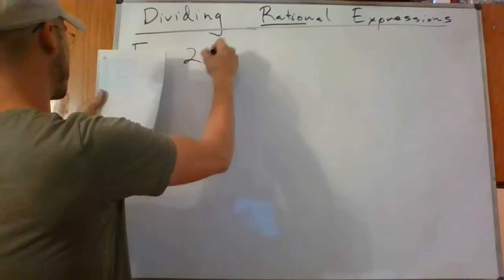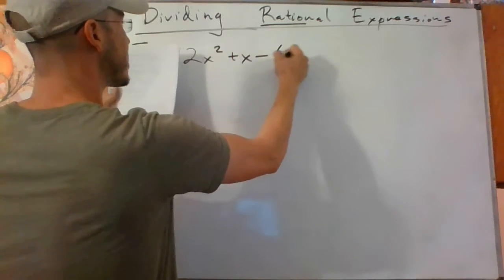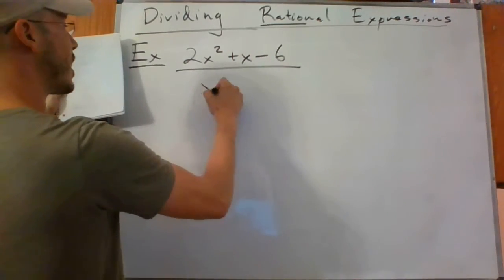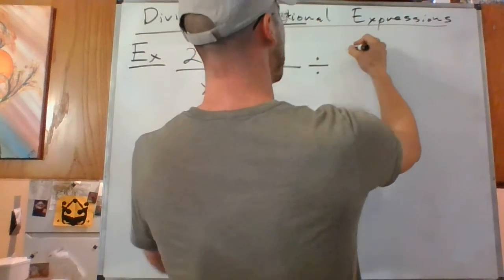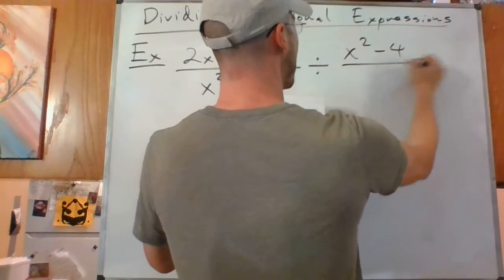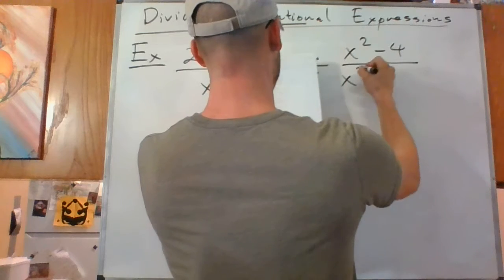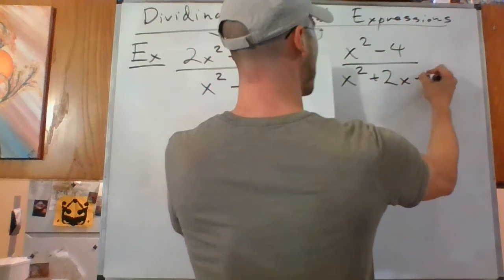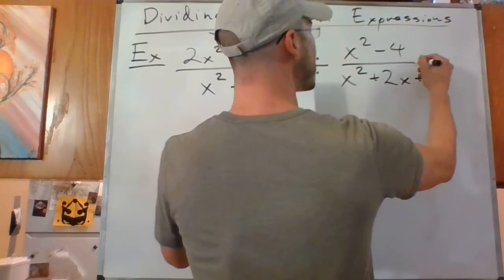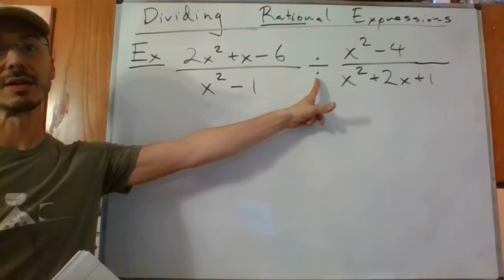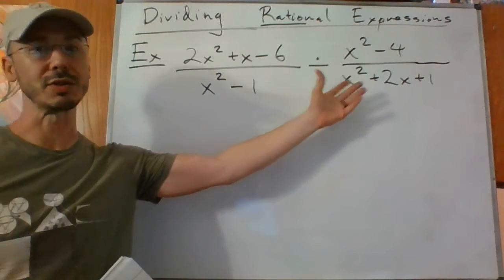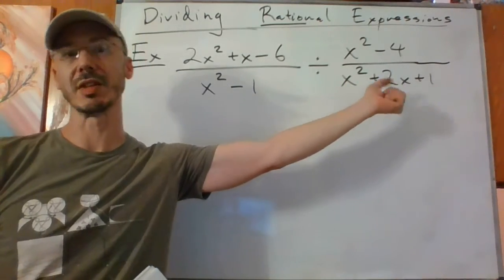So if I have (2x squared plus x minus 6) over (x squared minus 1) divided by (x squared minus 4) over (x squared plus 2x plus 1). The thing to do with fractions and division is to multiply by the reciprocal of the divisor.